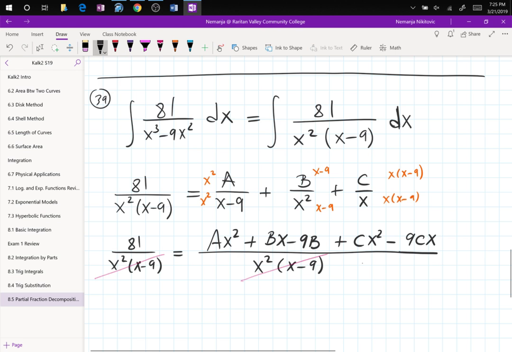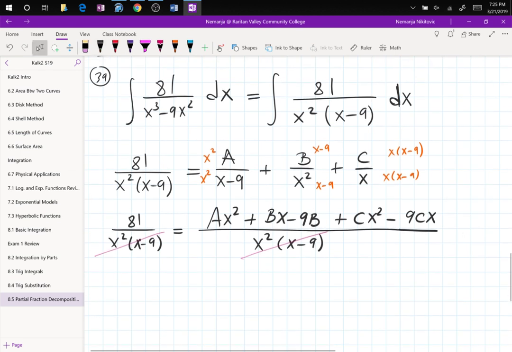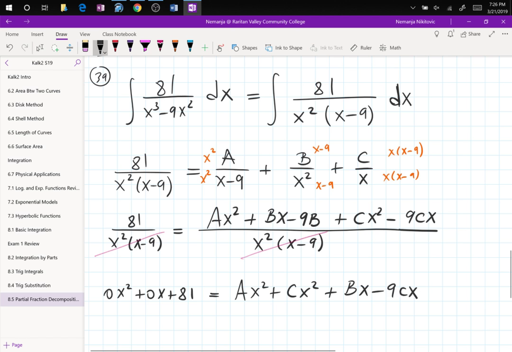Now, I'm going to write this out. You don't have to do this, but I'm going to write it out so you guys can see it. I have 0x squared plus 0x plus 81 on the left-hand side. On the right-hand side, I have Ax squared plus Cx squared plus Bx minus 9Cx minus 9B.